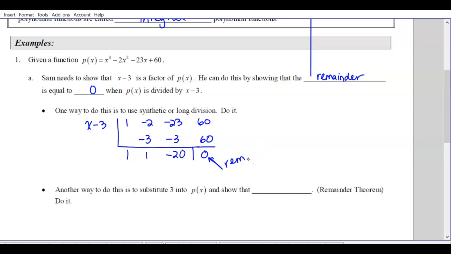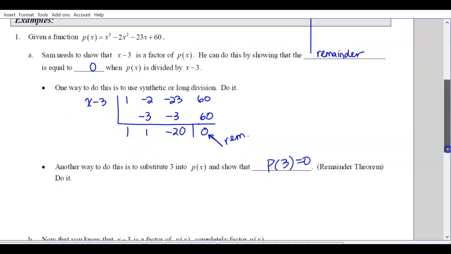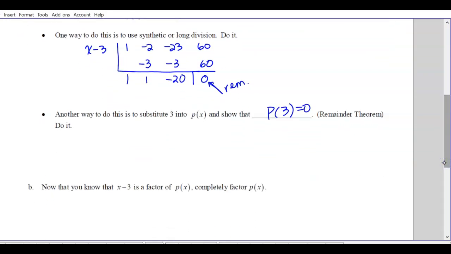Another way is to substitute 3 into p of x and show that p of 3 equals 0. So now do that. I guess this is lowercase p.